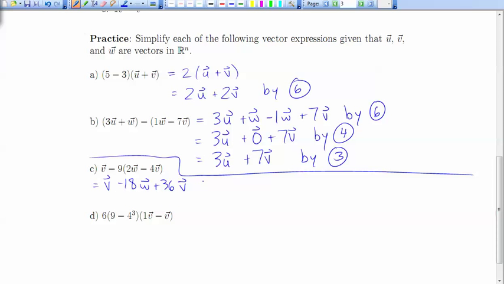So this first one was by 6. So I could put the parts involving v side by side. So that's by law number 1. And then we get 37v minus 18w.